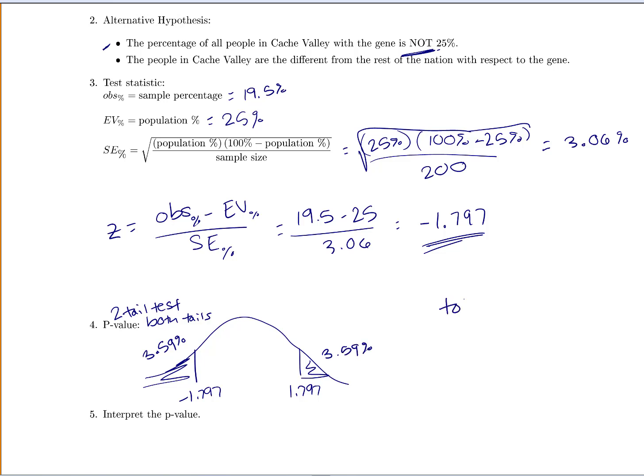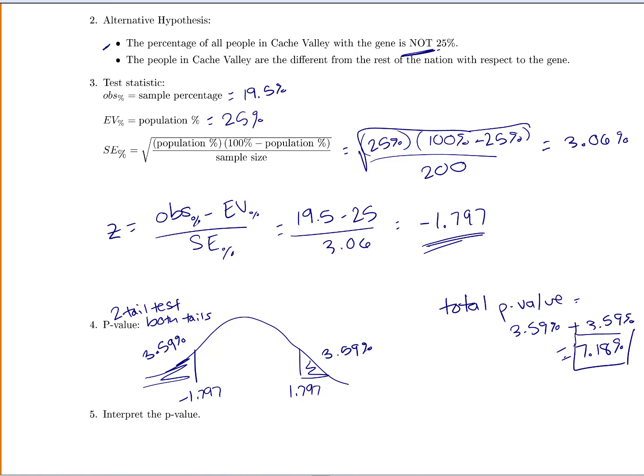You want both tails, so find a total p-value. It is going to be 3.59% plus 3.59%, which is 7.18%. So that's my total p-value.